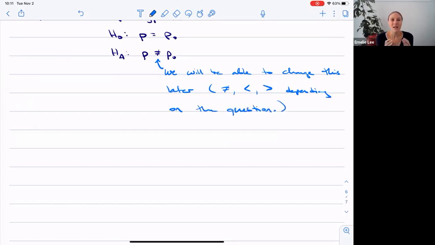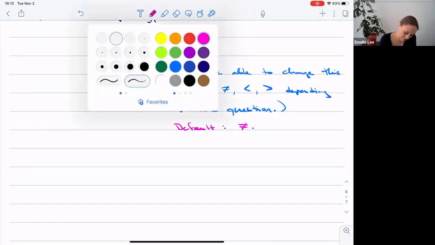Okay. If you're looking for a default, though, the default is going to be this not equal to. Okay. So that's going to be our default. If you're ever not sure, use the not equal to. It's going to be safer because it's just a statement of change. You're not saying that you have some knowledge about the sample. Right.